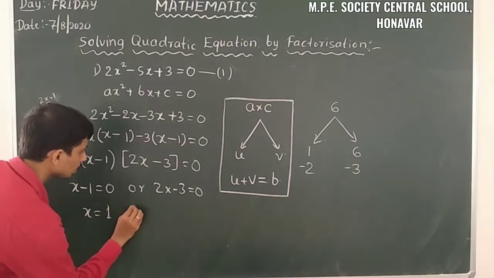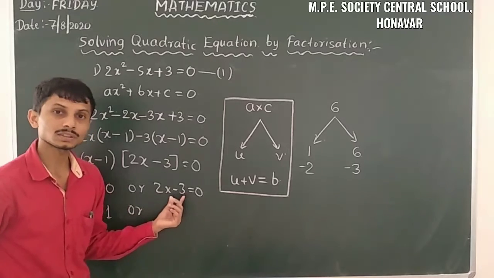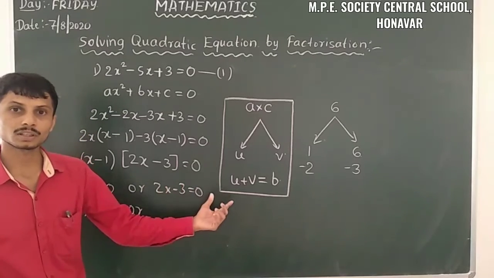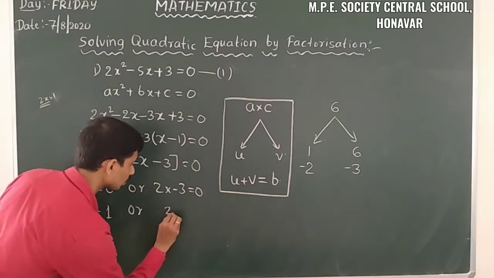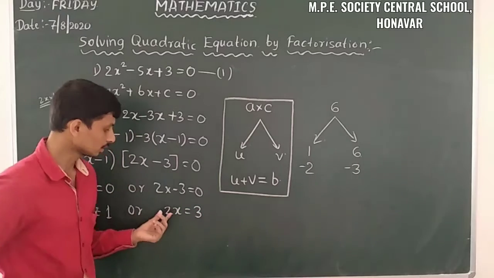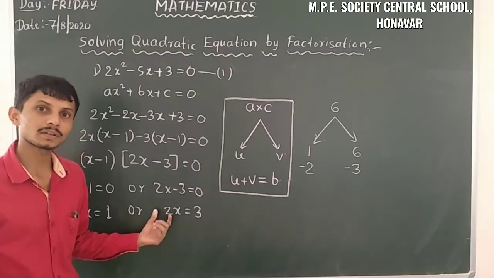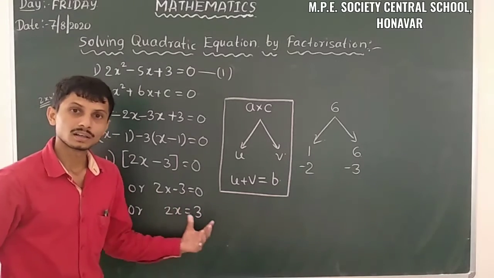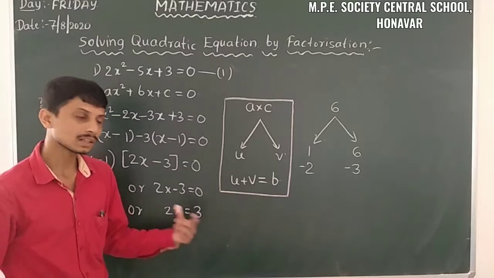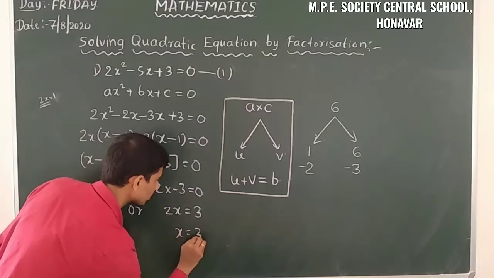Or here, first you transpose 3. Minus 3 converts into plus 3, that is 2x is equal to 3. Then 2 is a multiplied part, so we transpose it to the RHS and it comes to the denominator, that is x is equal to 3 by 2.